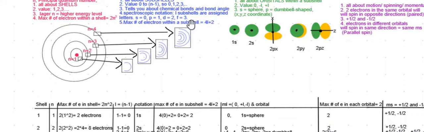But the shapes of D and F don't really matter for the MCAT. You just need to remember that they are part of the notations assigned. So for n equal to 3, you have S, P, D, and for MS you would have plus half and minus half for each of the orbitals.